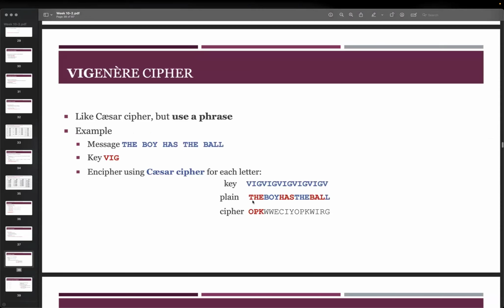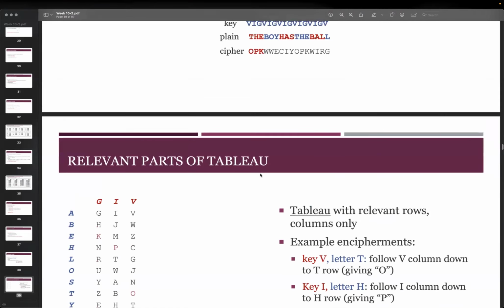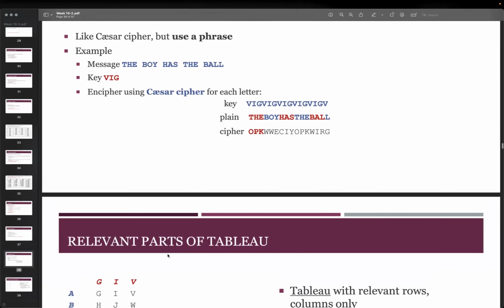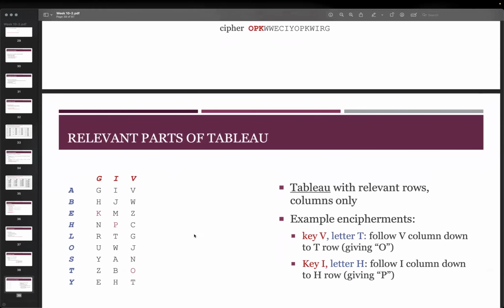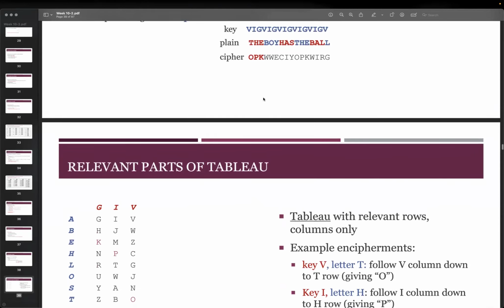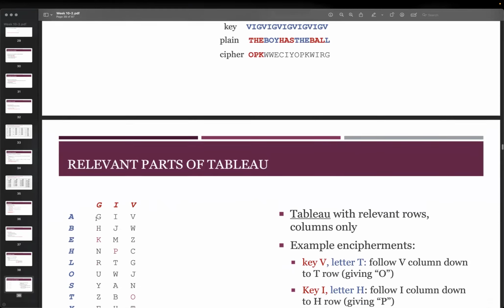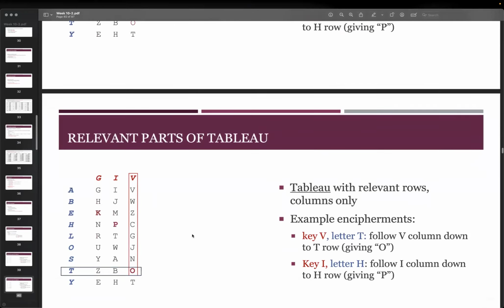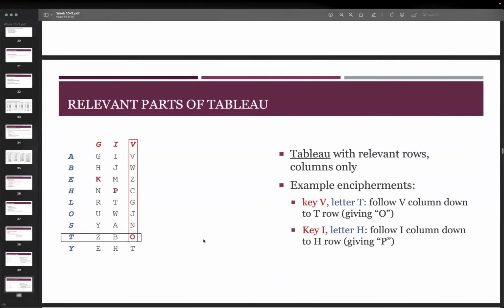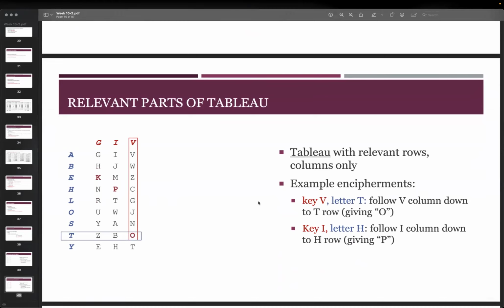Starting from right here, V and T gives O. And also we have I: for I and looking for H, H will be right here, P. And then G, we're looking at G and E, so it matches with K. So that's how we locate it, and how we encipher. Instead of showing one number, we match it with the tuples.